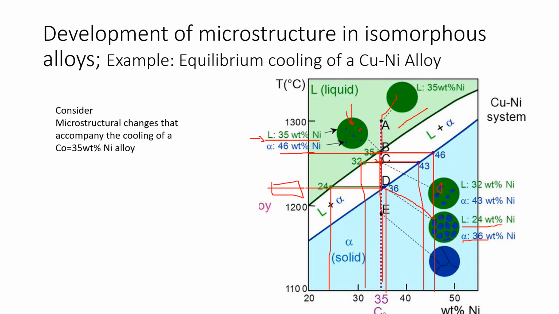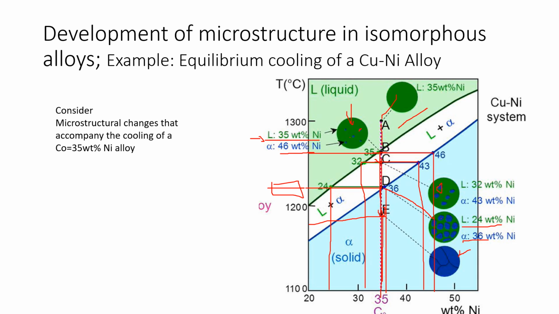Now if we cross the boundary of the solidus line, we have reached point D. If we further cool it down to point E, no microstructural change, further microstructural change will occur at point E. At point E, the temperature is noted over here, and the composition is 35% by weight of nickel.